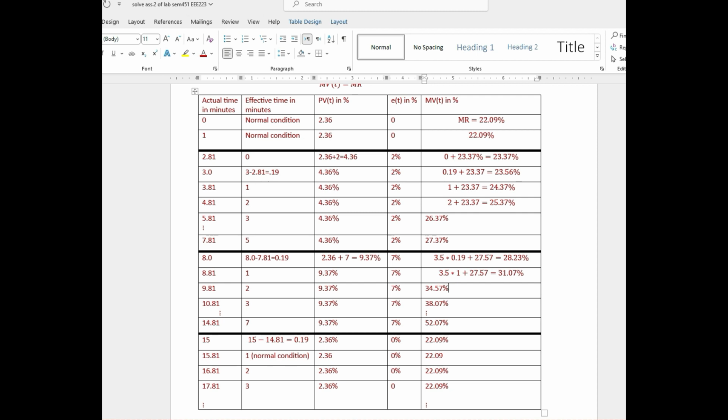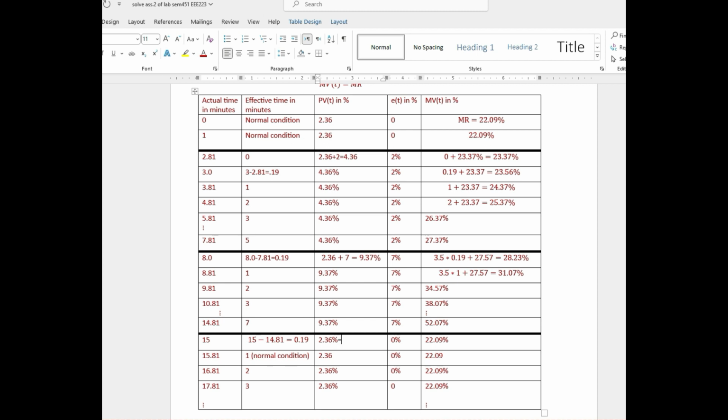Now the fourth interval is starting from 14.8 until infinity. It returns back to normal conditions. Now the effective time of the fourth is just 15 minus 14.8, which gives me 0.19. Now my BV returns back to the normal conditions, to the set point again. My set point is 2.36.